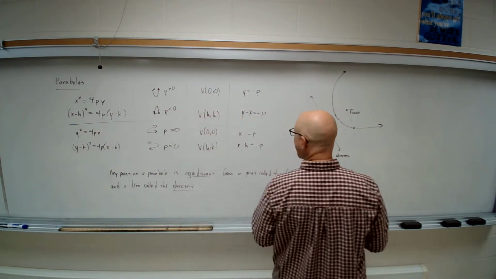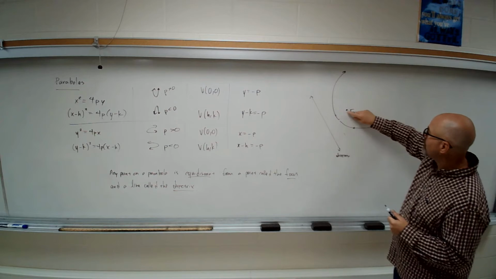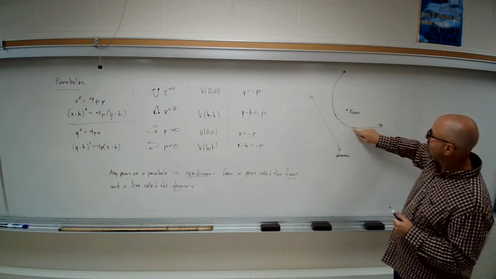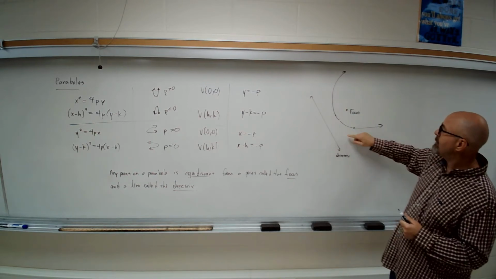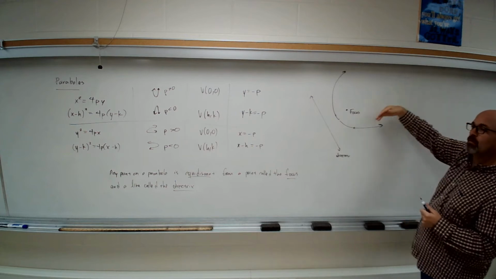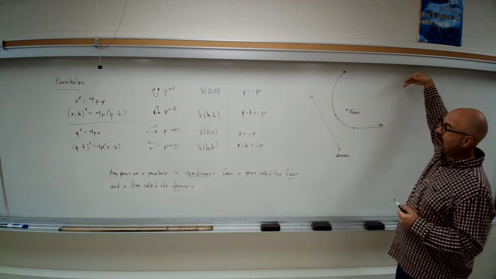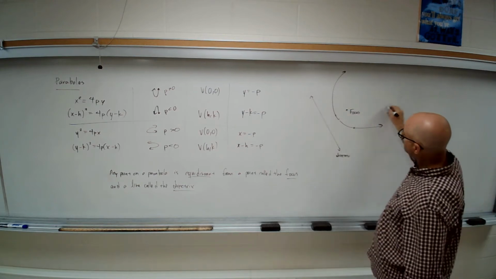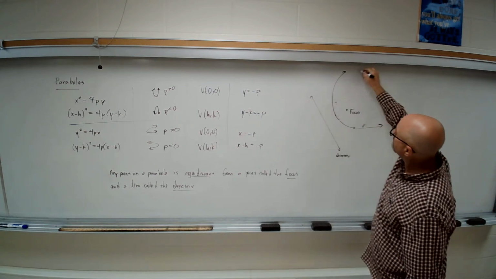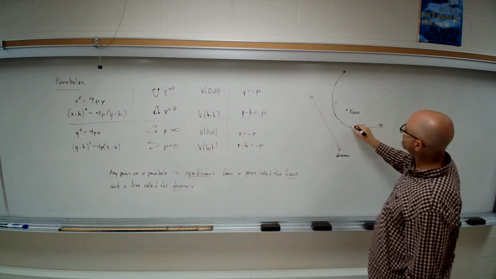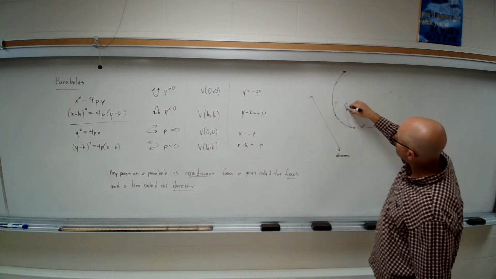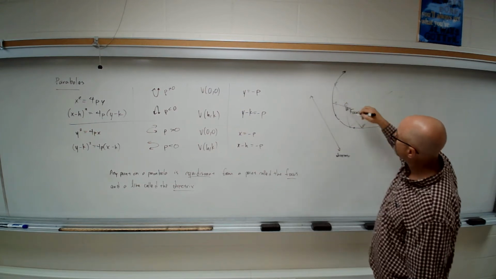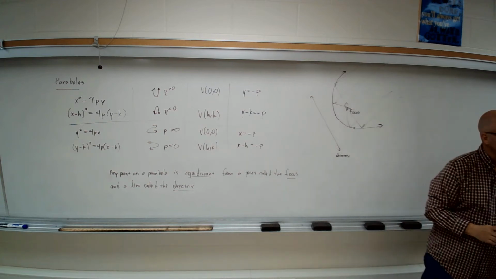The reasons we care about a parabola, just a couple quick ones here, is that if you have a bunch of parallel waves or rays or whatever coming into a parabola and they bounce off, so say we have a bunch of sound waves coming in here or electromagnetic radiation, they're all going to bounce and they're all going to go right through the focal point, or the focus.